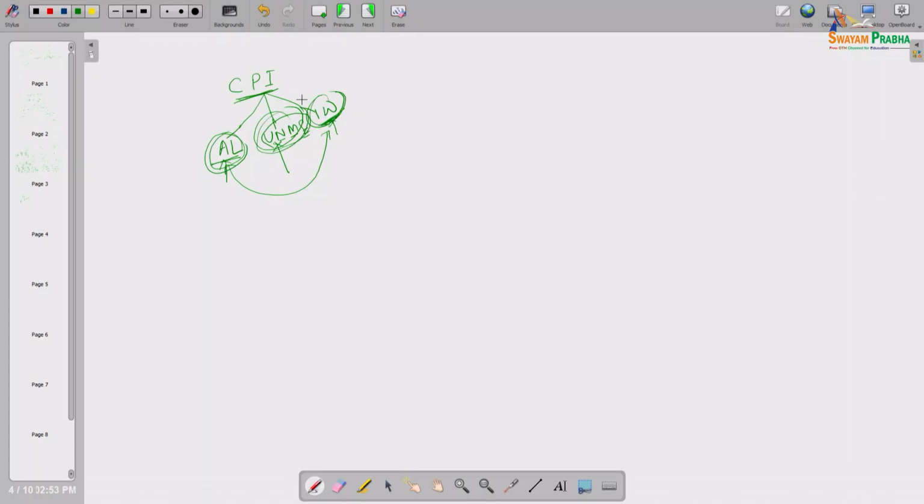Since we have to fix the basket, on the basis of that basket in India we mostly club into 3 different categories.